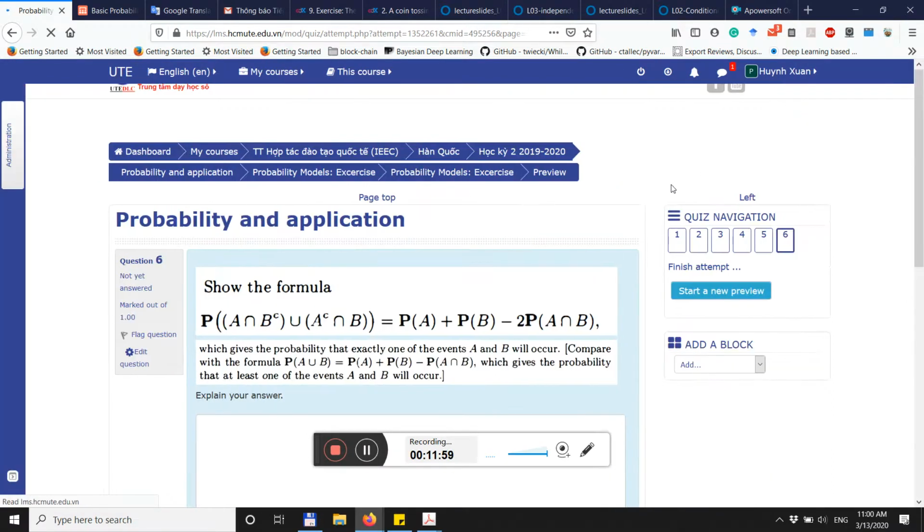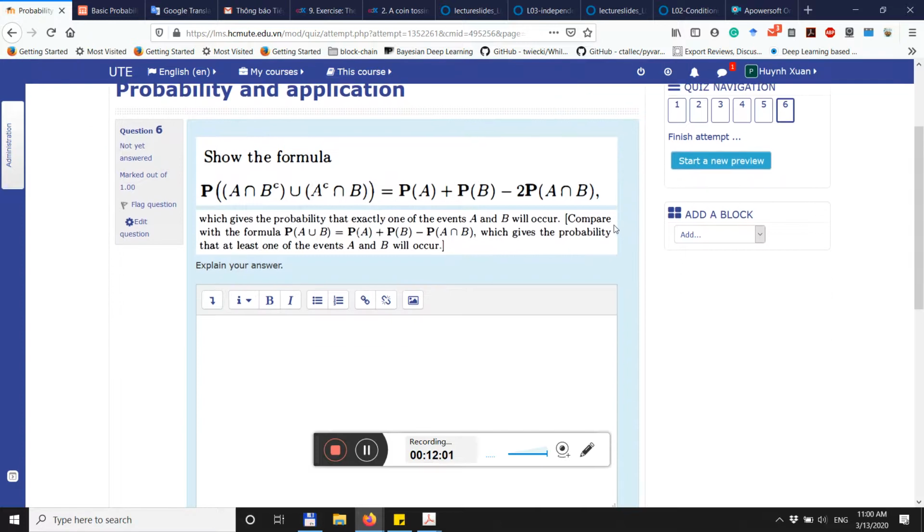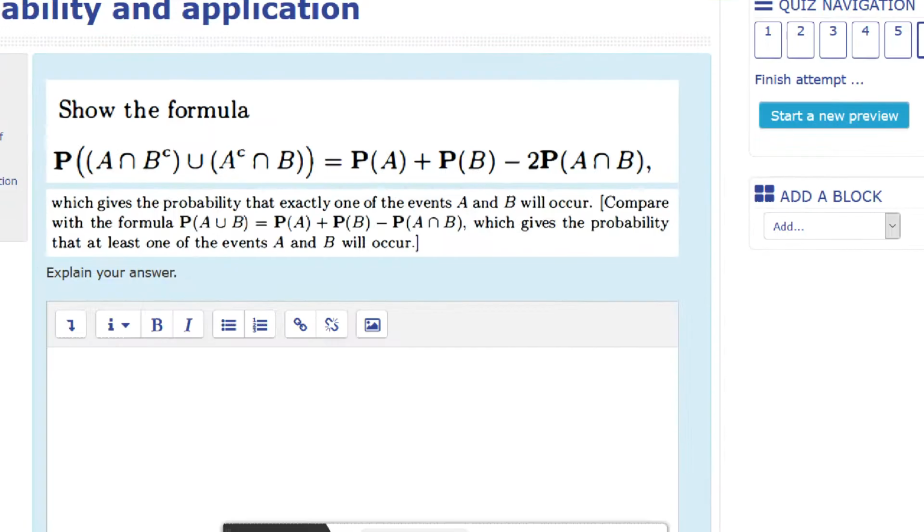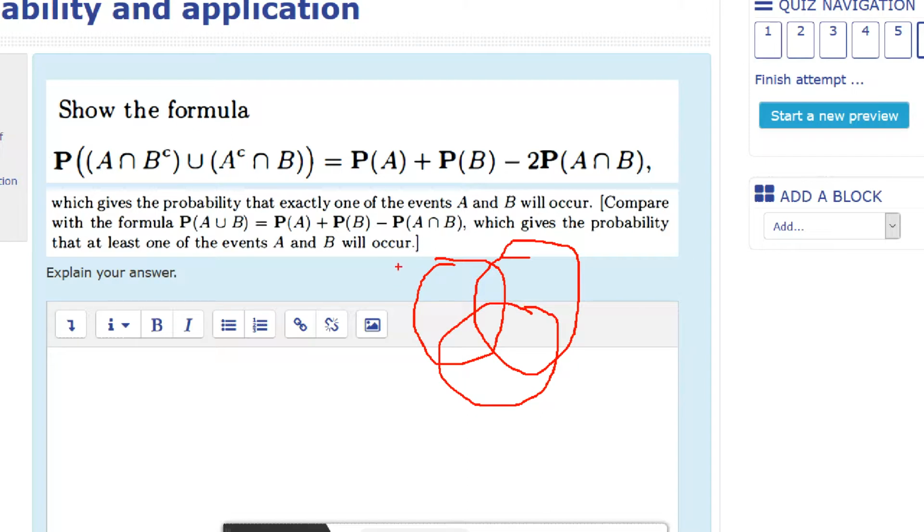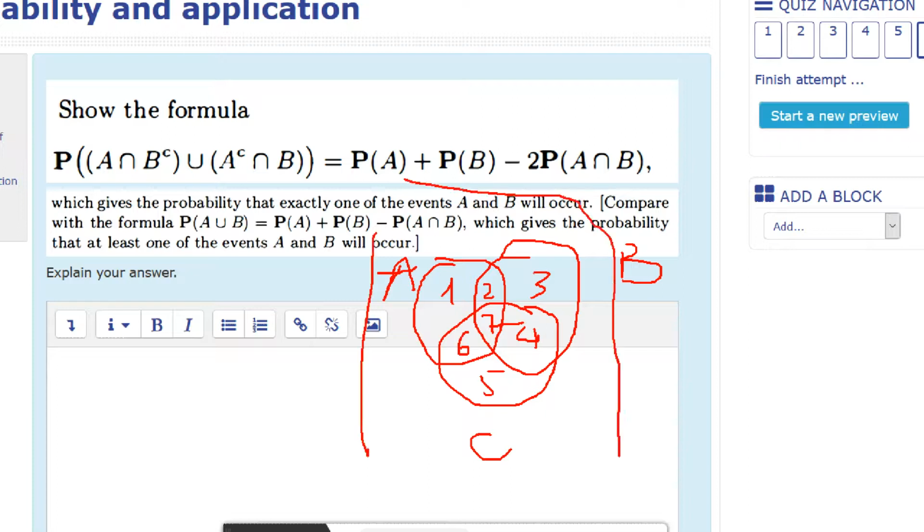Question check. It is done by drawing a Venn diagram. Here are A, B, and C. The regions are 1, 2, 3, 4, 5, 6, 7. We have 7 regions, and here is the outside.